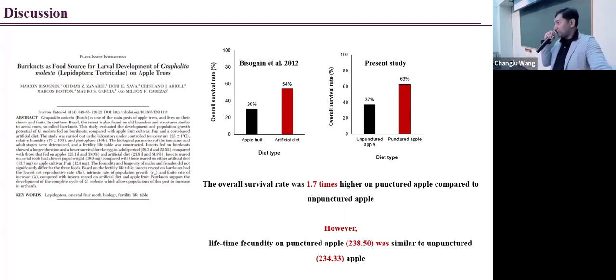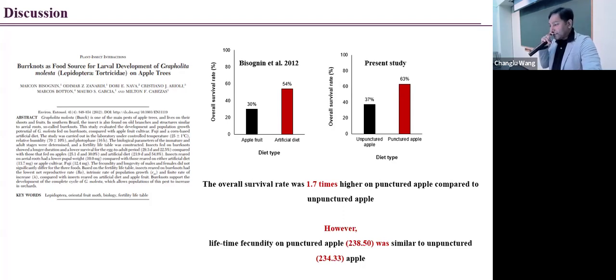But our study shows that if we puncture the apple, the survival rate increased to 63%. So puncturing apple fruit, it works. So from there, actually, I started rearing the Oriental fruit moth using this punctured apple fruit.